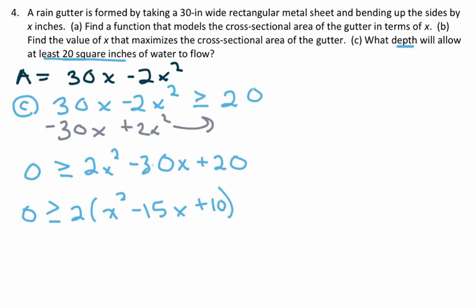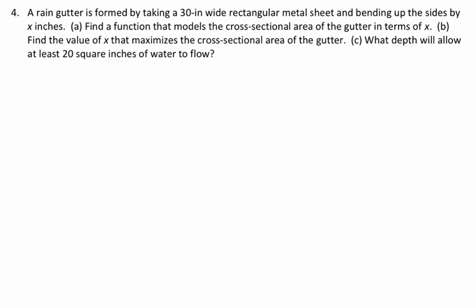Unfortunately, I don't know numbers that multiply to 10 and add to be 15, so we will have to use the quadratic formula. So x equals negative b, which is negative 15, plus or minus the square root of b squared. Actually, let me clear the page so that we can do this again, because I need more space. Alright, so let's try this again.